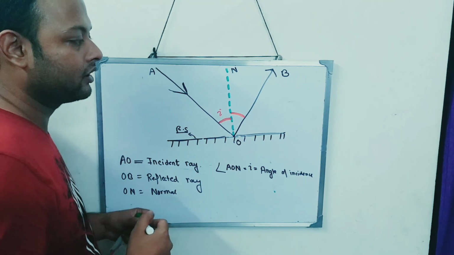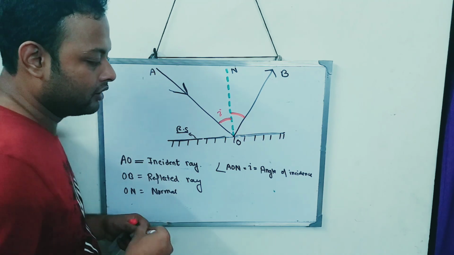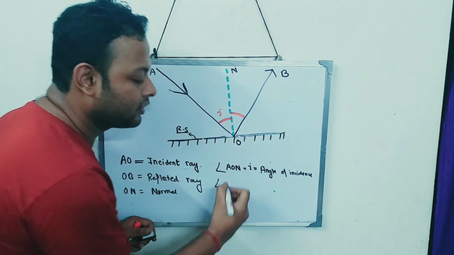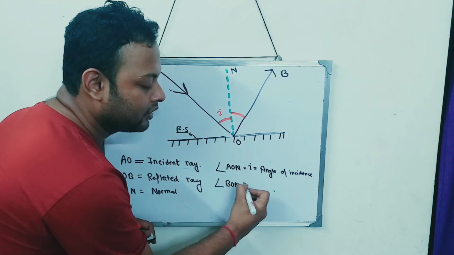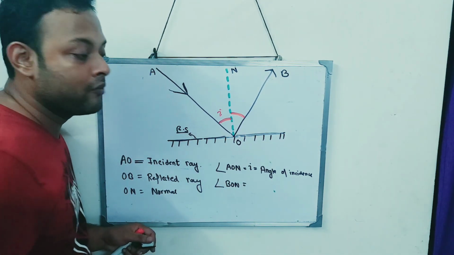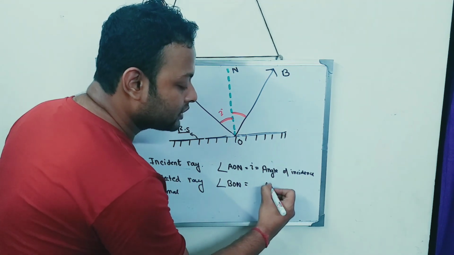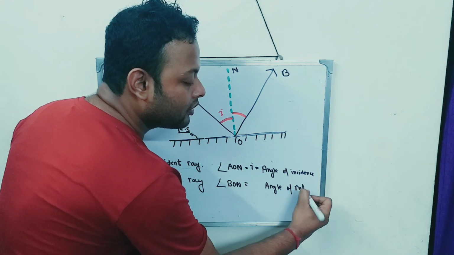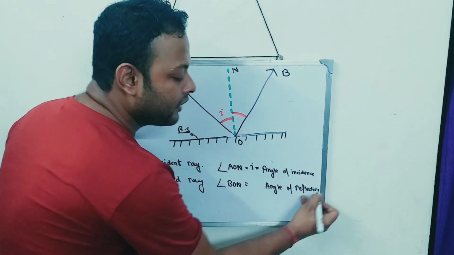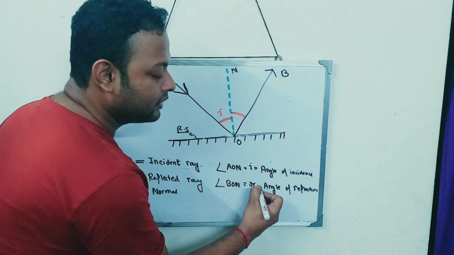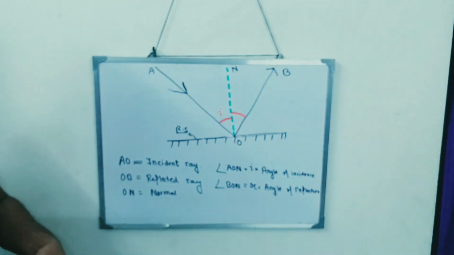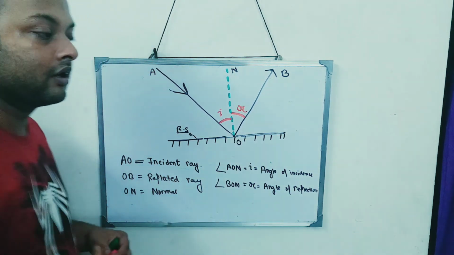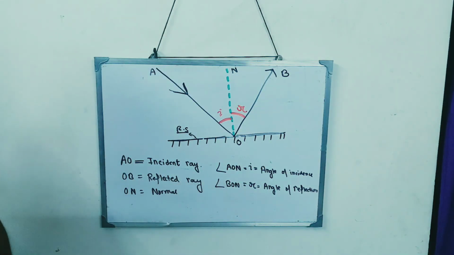This is angle BON, and this angle is called the angle of reflection, and this is represented by the letter R. So we represent it by the letter R. So this is called the angle of reflection.